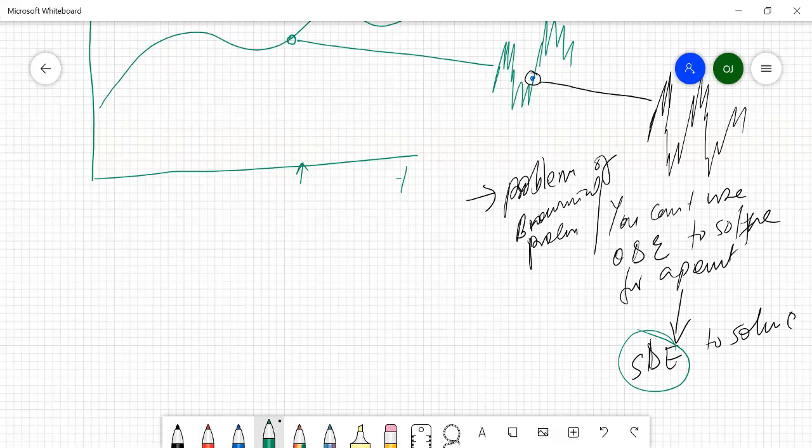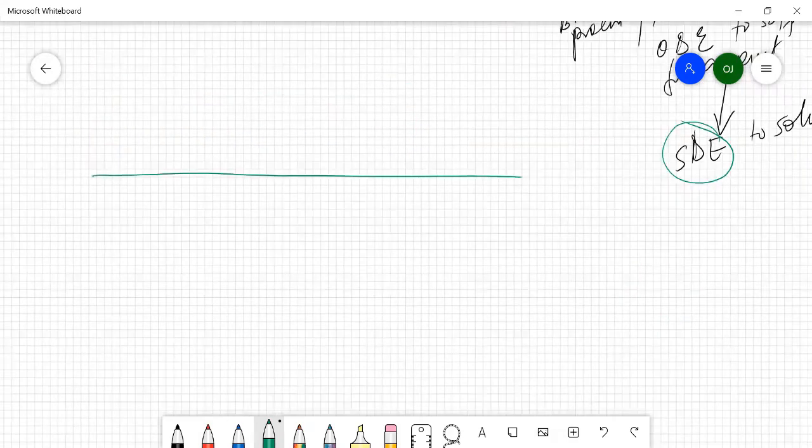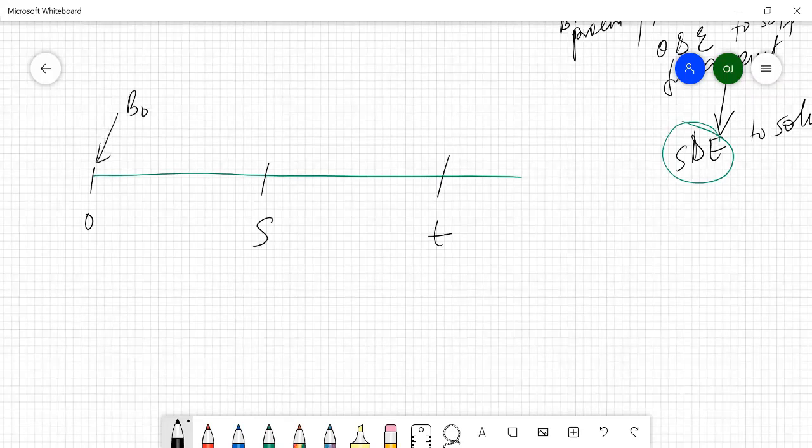Okay. Now, the other property that Brownian motion will possess, assuming you have your timeline like that, that is 0, that is S, that is T, that is Brownian motion at time 0, B naught, that's Brownian motion at time S, that's Brownian motion at time T. Now, the Brownian motion at BT, remember, contains all the information that we had at BS and all the information that we had at B naught.